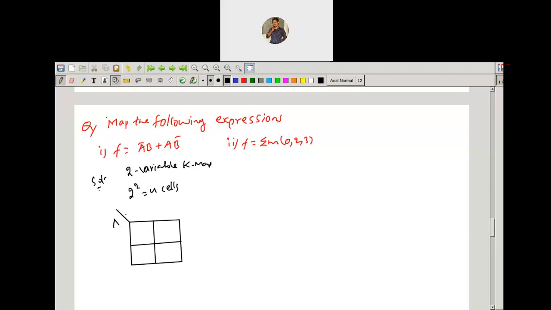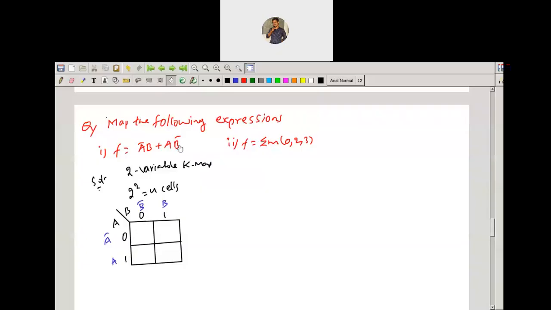Given variables A, B. So this is 0 and 1. What does 0 mean? It's A bar. What does 1 mean? A. So this is A bar, this one is A, and this column is the B bar column, this column is the B column.